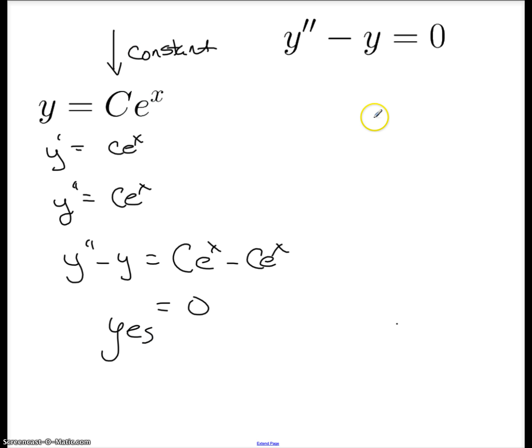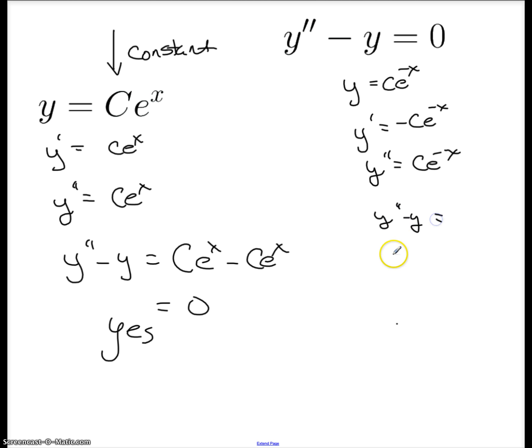Now what if we go back to our other formula? Y equals c e to the minus x. Do you think that's a solution? Let's try it. Y prime is minus c e to the negative x, and y double prime is c e to the minus x. Aha, do you see a pattern here? So now y double prime minus y is equal to c e to the negative x minus c e to the negative x, and that is 0.